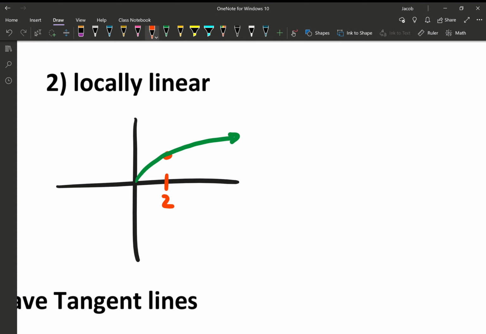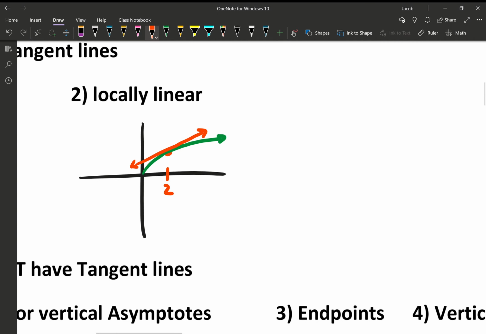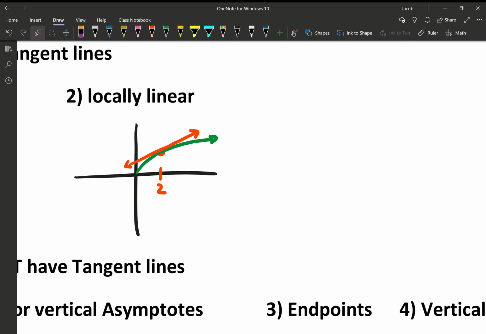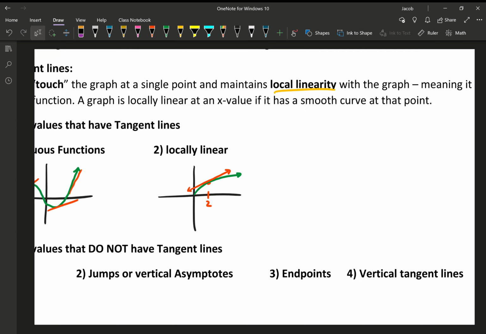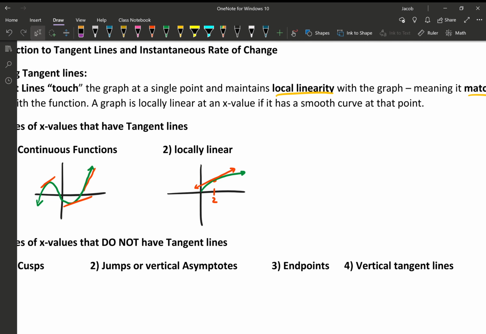So it has a slope to reference. A line is the easiest thing to reference when it comes to slope, because it's made up of a point and a slope. And that's what we have with tangent lines as well. We have a point to reference and a slope to reference as well.